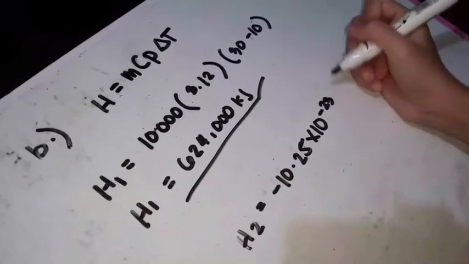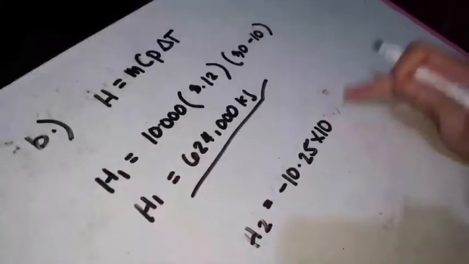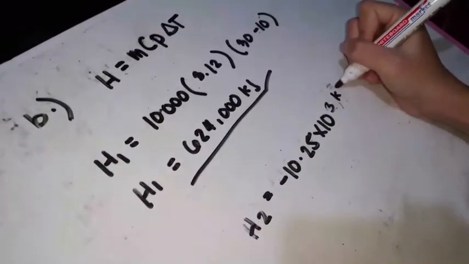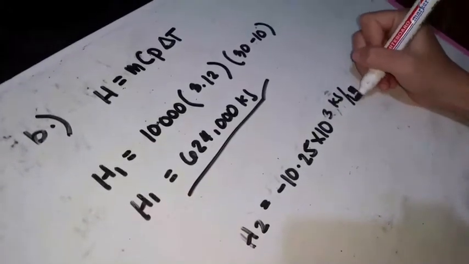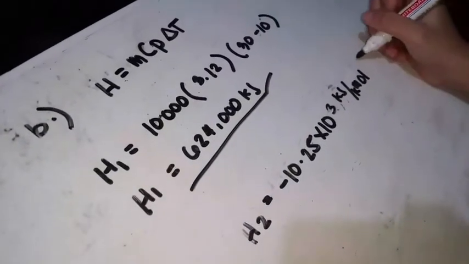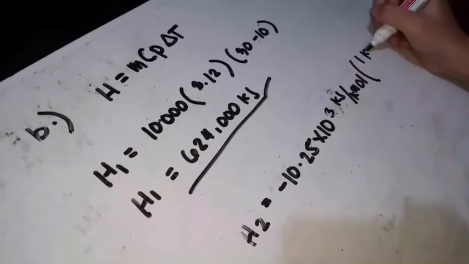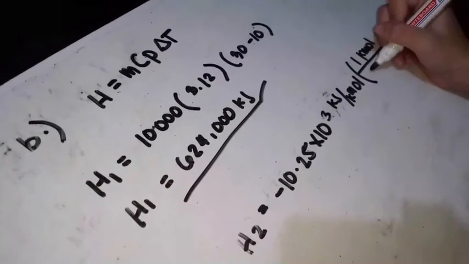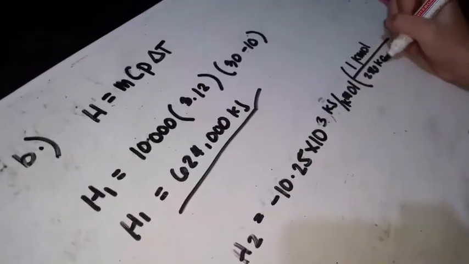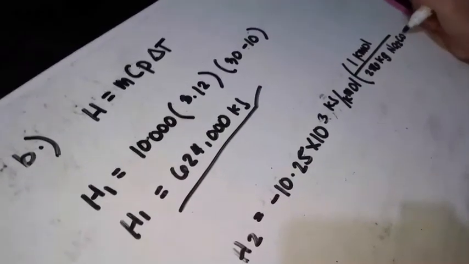The same procedure is done in solving for H2. So we are given the heat of solution of negative 10.25 times 10 to the power of 3 kilojoules per kilogram mole sodium carbonate decahydrate.